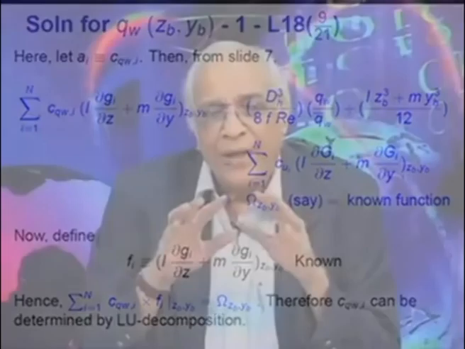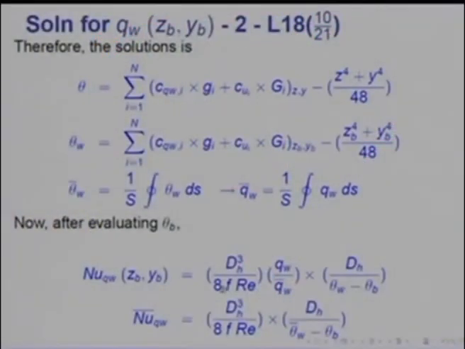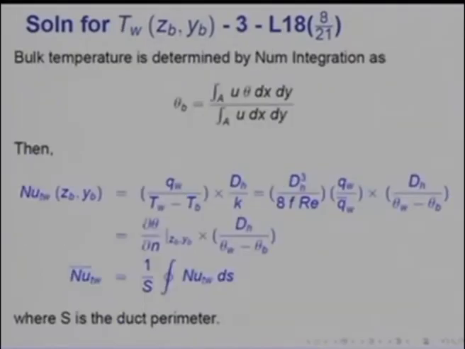problem in which q w, the heat flux, is varying in the circumferential direction. All right. The same temperature solution is to be used, but the coefficients C Q W I are now to be evaluated.